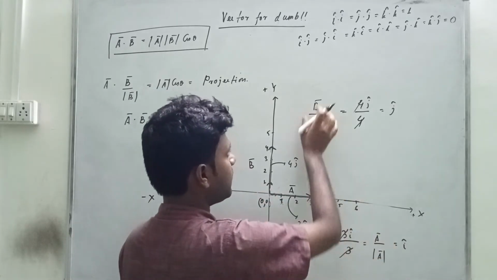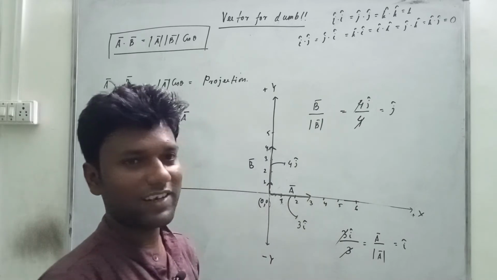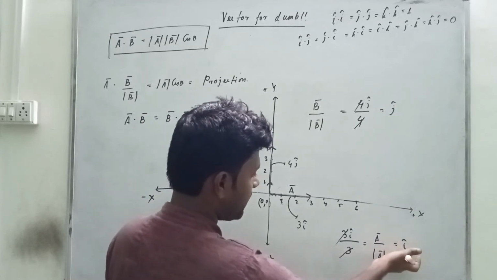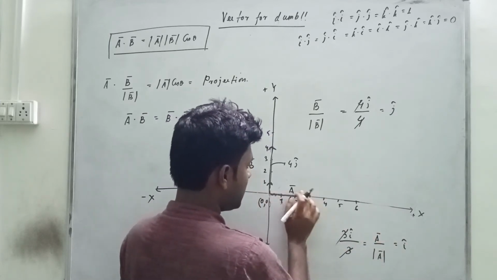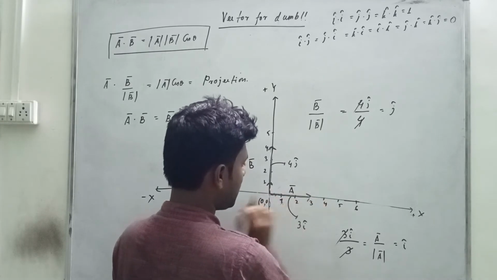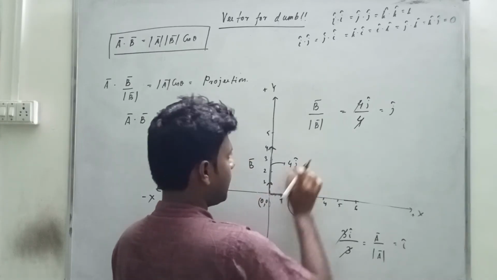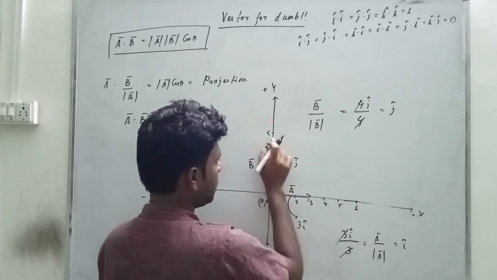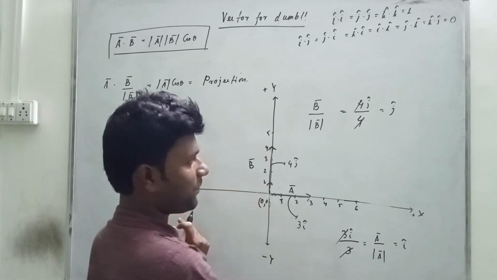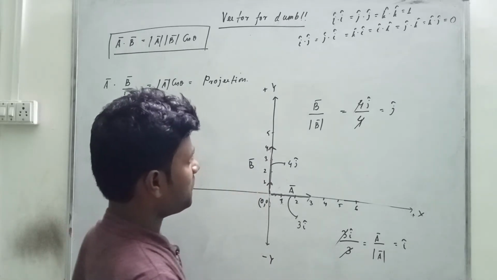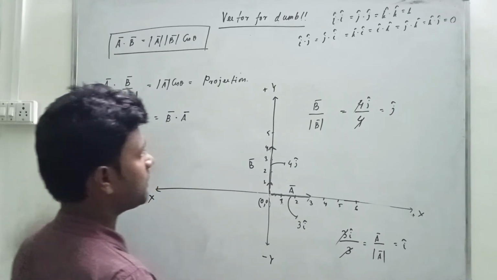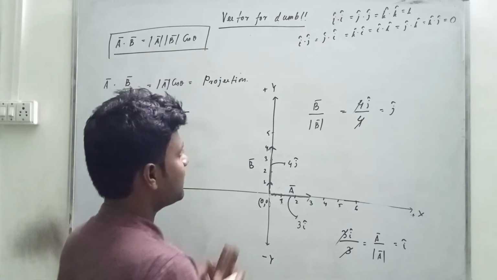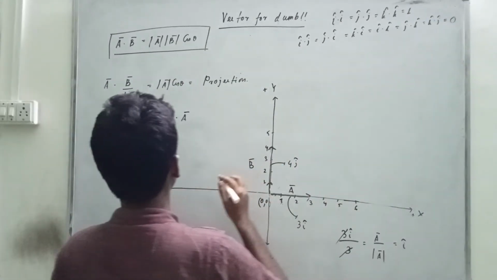So if you just divide a vector by its magnitude, you will get the unit vector along that vector, right? Because i hat means the unit vector in that direction, the unit vector along A. And j hat means the unit vector along this direction, that means the unit vector along B. So obviously, if you divide a vector by its magnitude, you will get the unit vector along this direction. Right? So these are very crucial findings here.